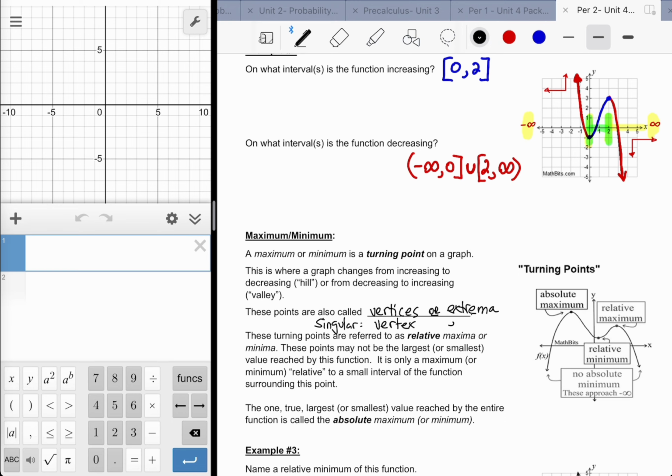Singular for that would be extremum. So you might see maximum, minimum, vertex, extremum, vertices, or extrema, any of those words.